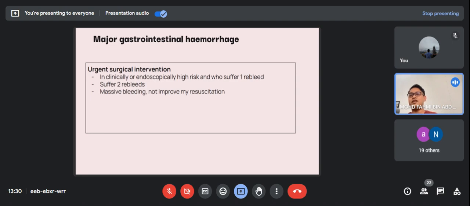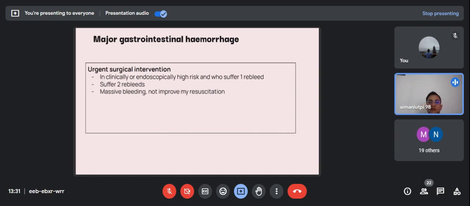Tak faham, apa maksud suffer one rebleed, suffer two rebleed? In a high-risk patient who suffers rebleeding, we need urgent surgical intervention.